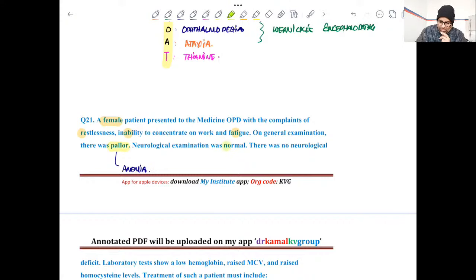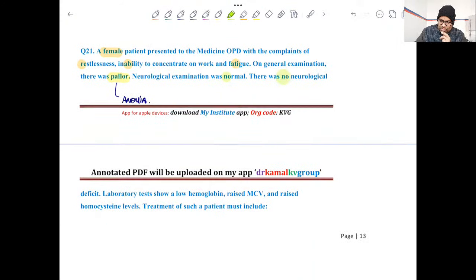Neurological is normal, and there is no neurological deficit, but what we see is a low hemoglobin, yes, this is correlating with anemia, and there is raised MCV with raised homocysteine levels. Now MCV correlates with the size of RBC. So if the MCV is more, there is macrocytosis.